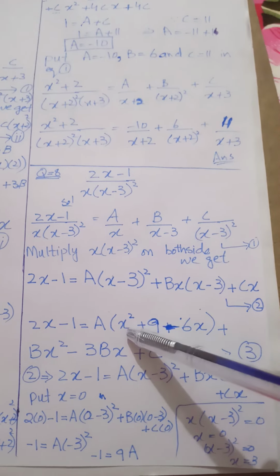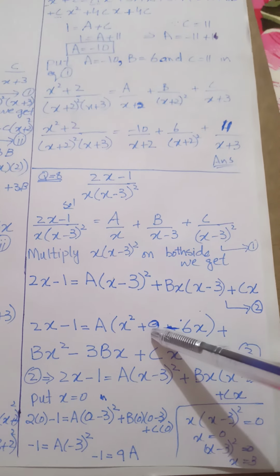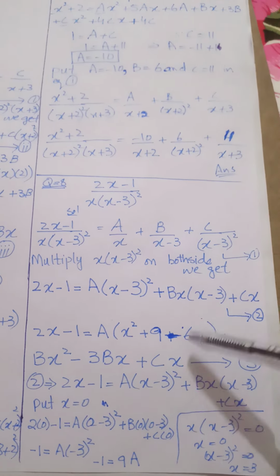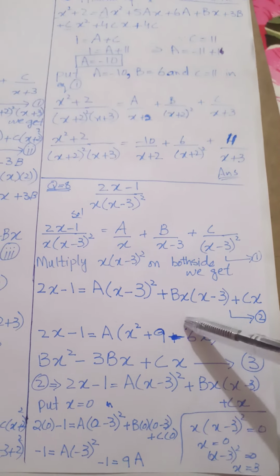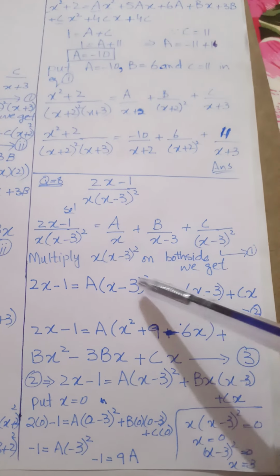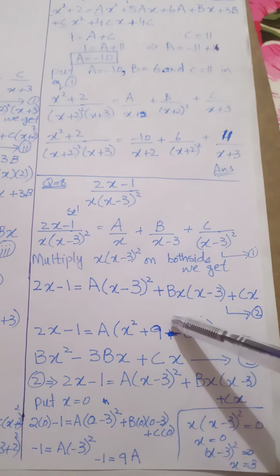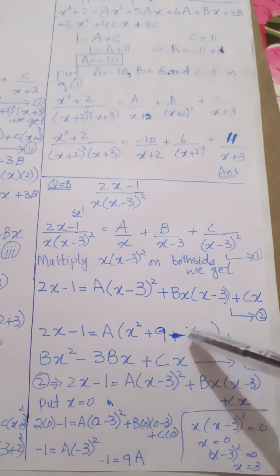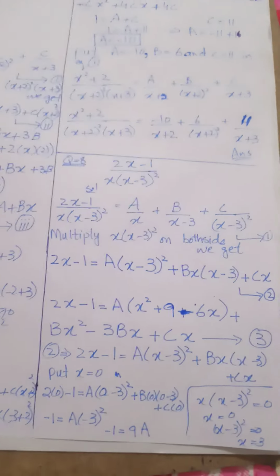So a square plus b square minus 2ab. Here a is x and b is 3. So minus 2 and 3 multiplied will be 6 and x.